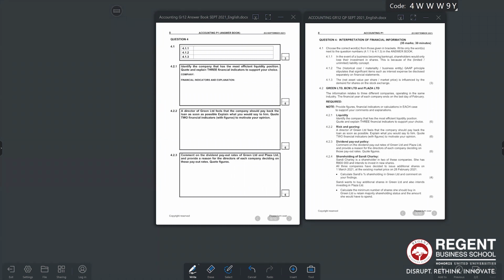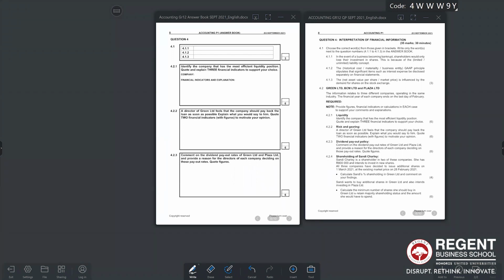The third one: the net asset value per share or the market price is influenced by the demand for shares on the stock exchange. So the price of the share is influenced by demand on the stock exchange. What is net asset value?